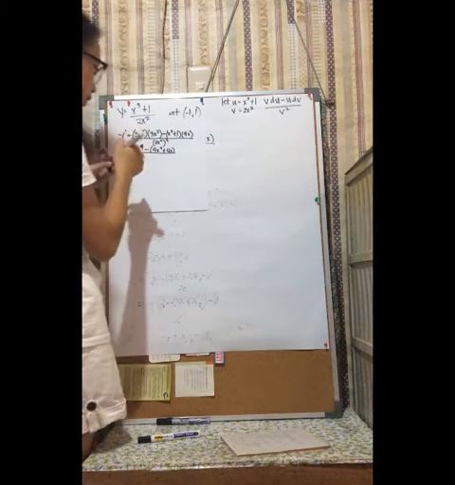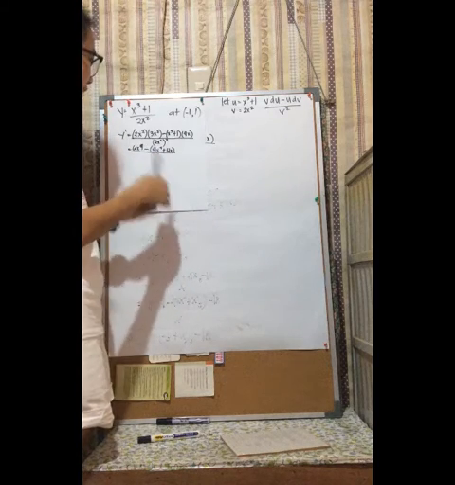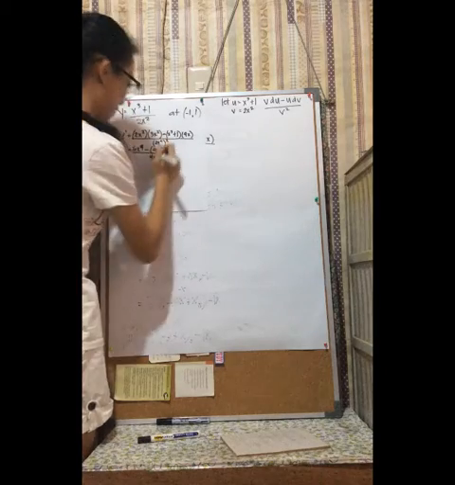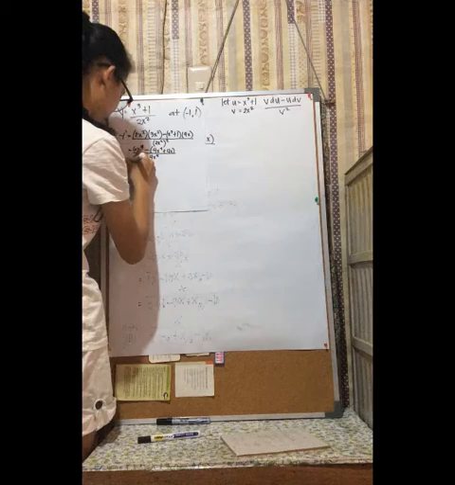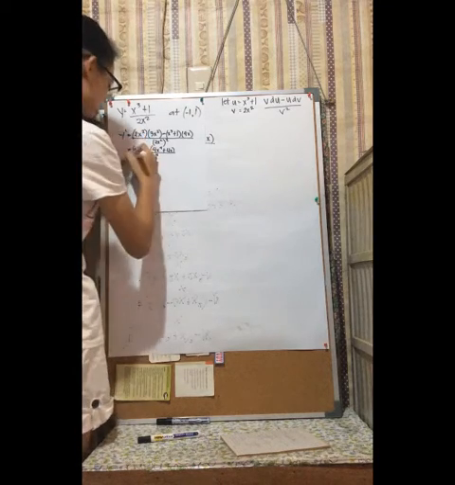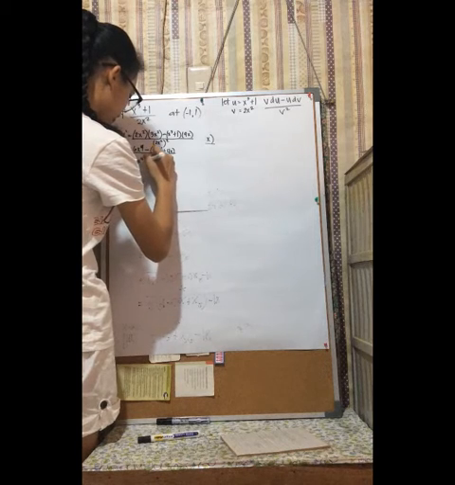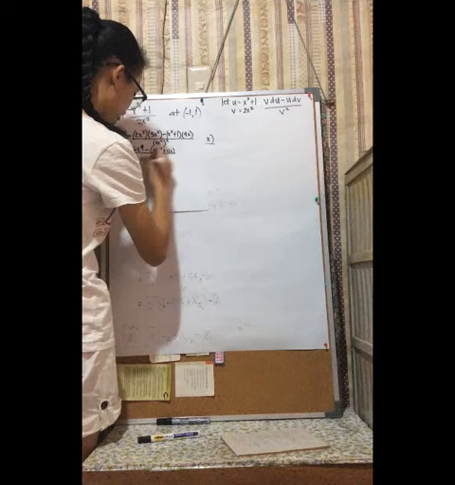All over, 2x squared squared is 4x to the 4th. Okay, so simply simplify 6x to the 4th minus 4x to the 4th minus 4x.